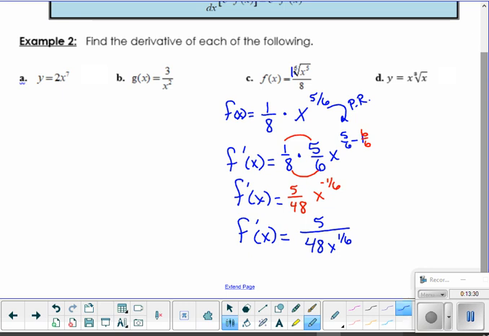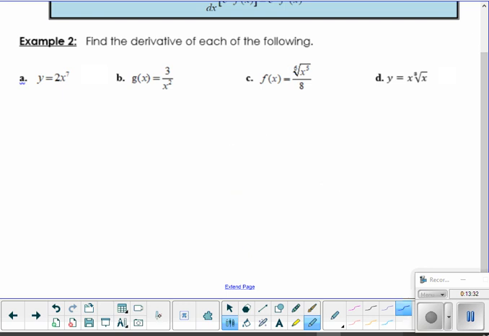And now for D. y equals, ooh, what do we got going here? I've got an x to the 1st times an x to the 1/3. Can I join these together? Yes, join by adding the exponents.